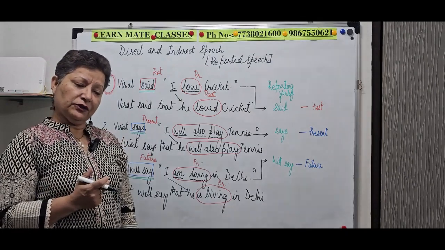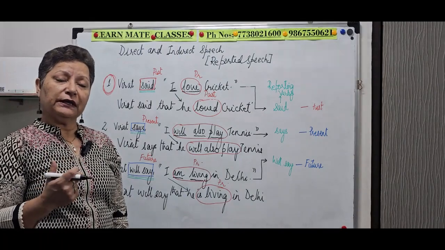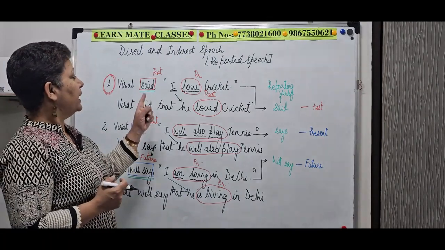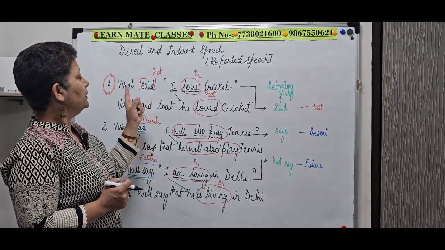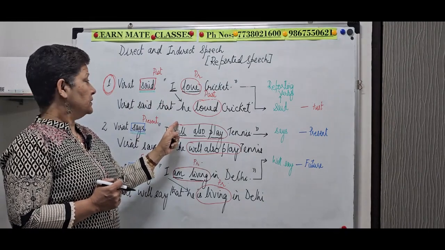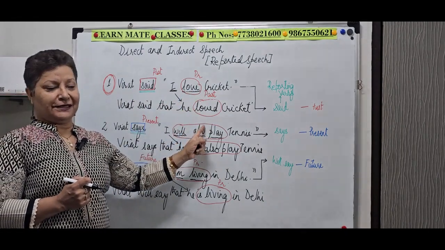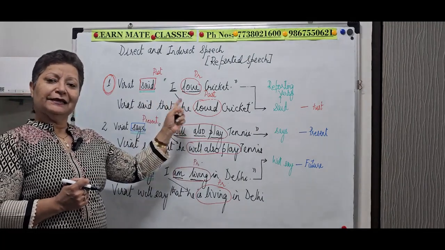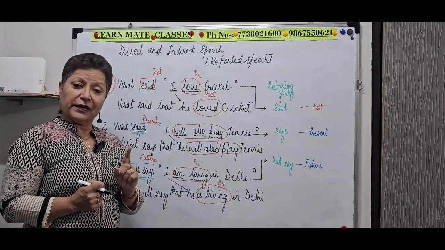Now how they will change, I will tell you later when we deal with how pronouns change. But I just want to make it clear, what are the three, four things that happen? The quotation marks go, the pronouns change, the verbs inside undergo a change if the reporting verb is in the past. And also, did you notice the meaning of the sentence has not changed at all?